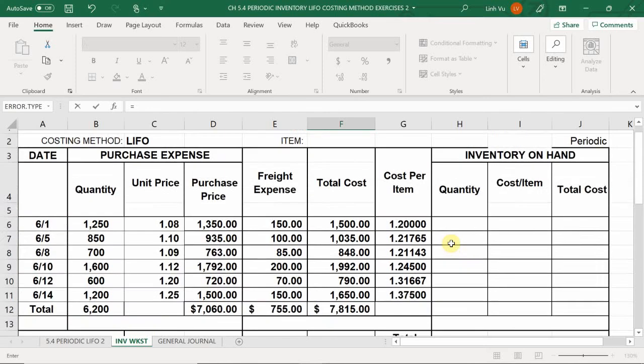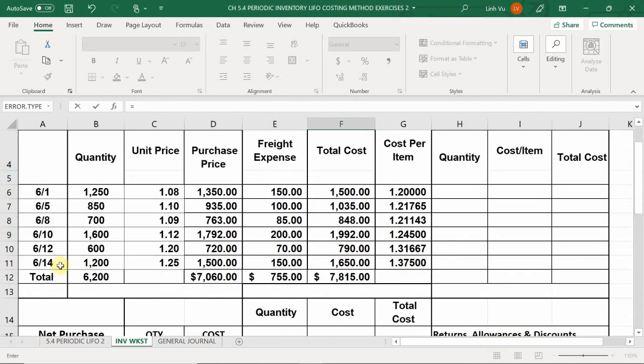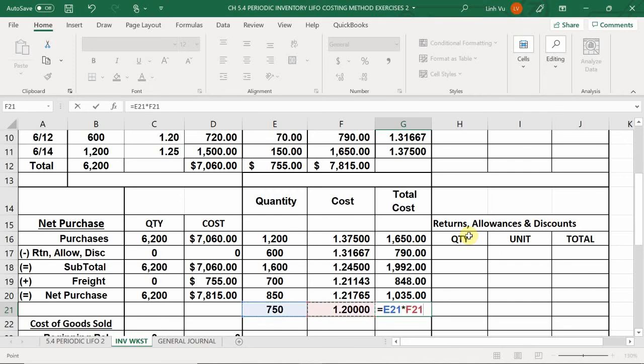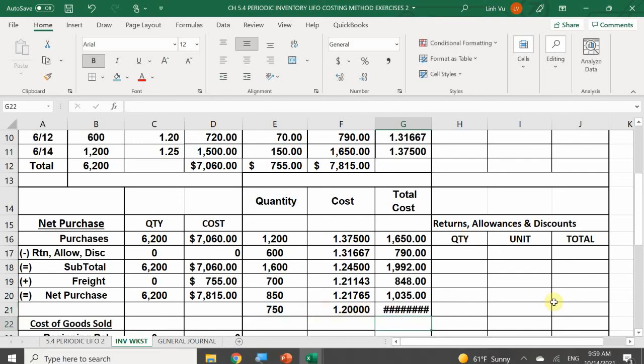So in this case, I only have one batch of inventory left. I've already sold everything up till the June 1st. So I have 1,250 units, which is going to cost me $1.20 each. So I just need to simply multiply. How much is it going to cost me in total cost to sell 750 items at $1.20? $900.